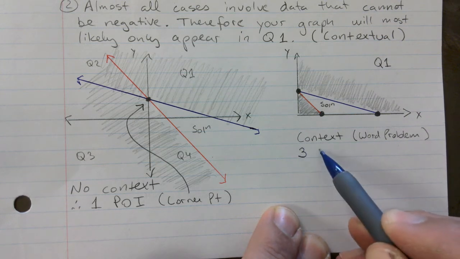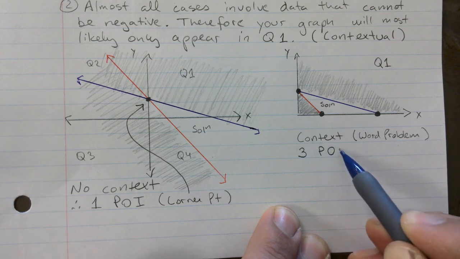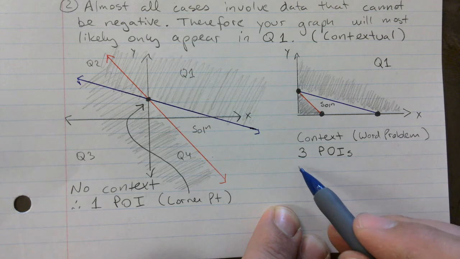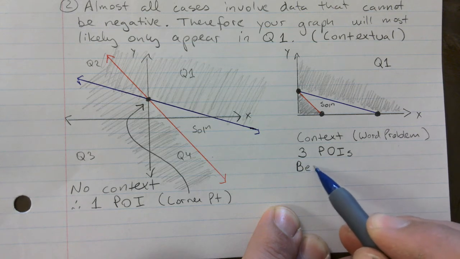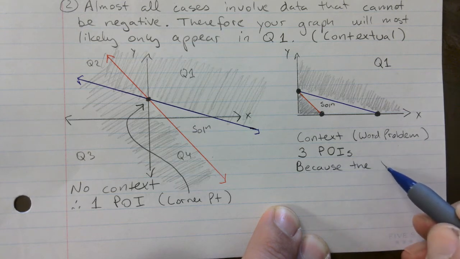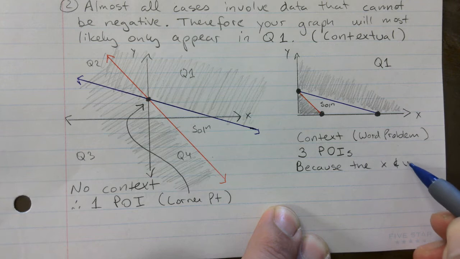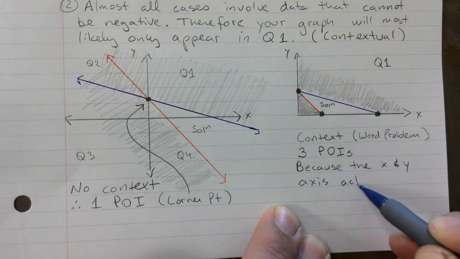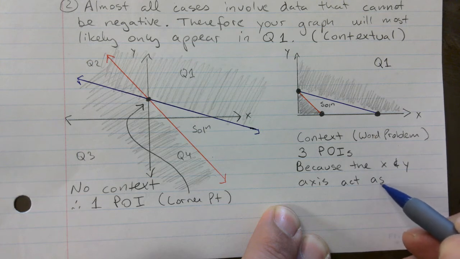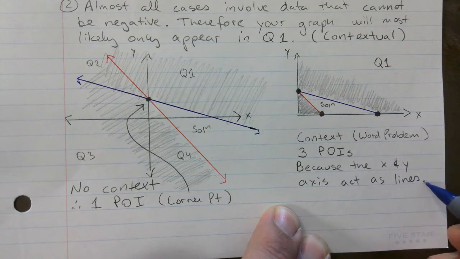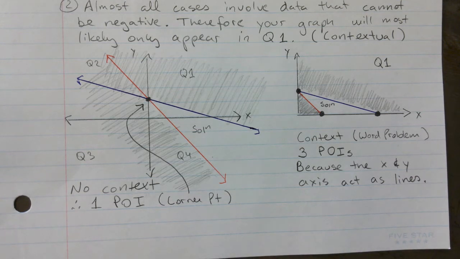Three POIs, right? And this is because the X and the Y axis act as lines when it's a word problem.